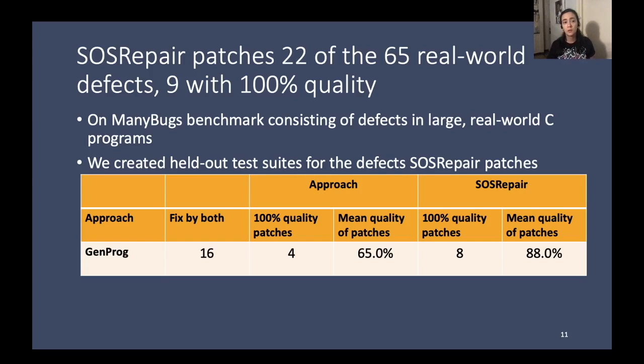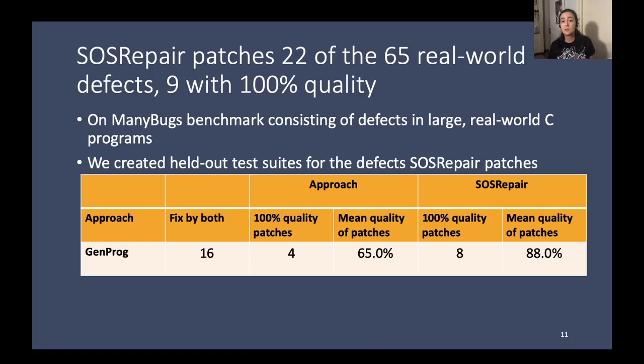So here we are comparing SOSRepair to GenProg. GenProg and SOSRepair patch 16 of the same defects, and from these 16 patches that they create, SOSRepair creates 8 patches that pass all the secondary test cases, whereas GenProg creates only 4 patches that pass all secondary test cases.